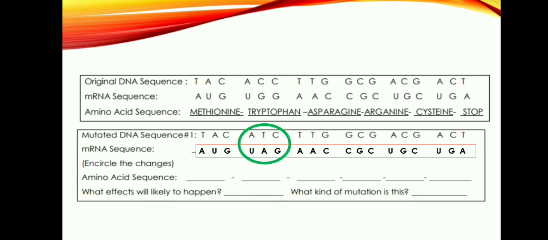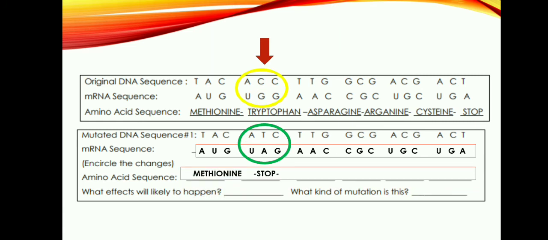Take a look at the base pairing ATC and UAG, which changes from the original DNA sequence, which is ACC and UGG. And then the amino acid sequence here is methionine and then stop.